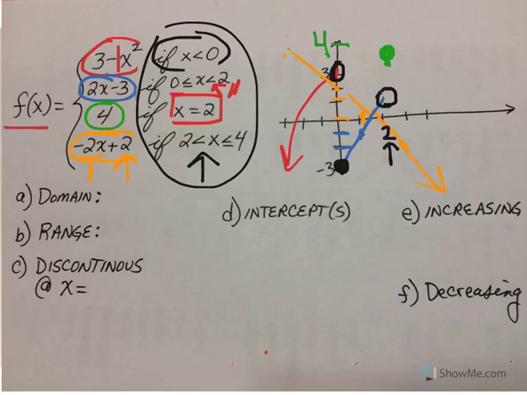Now on to the orange piece here. Notice the orange piece also has a beginning. It begins at 2 and it ends at 4. So it starts at 2 and it ends at 4 for the orange piece. Now I'm going to be putting an open circle there because, once again, at 2, it is open. So I'm going to put a big fat open circle here.